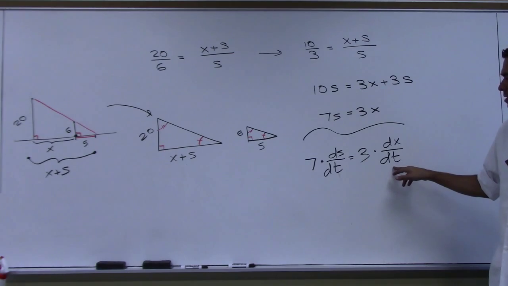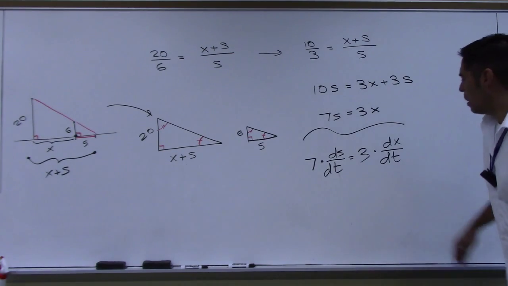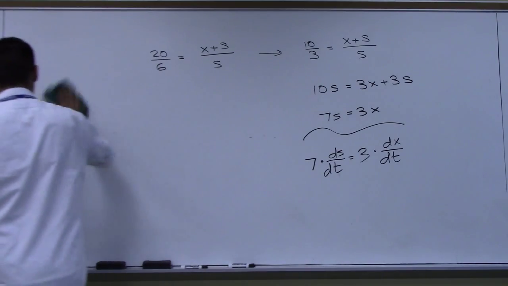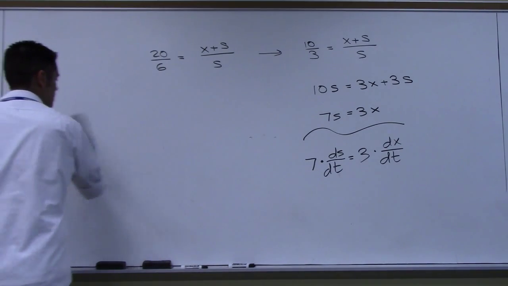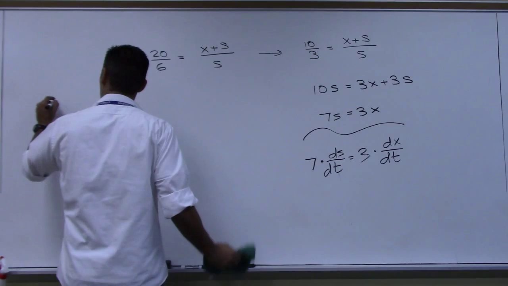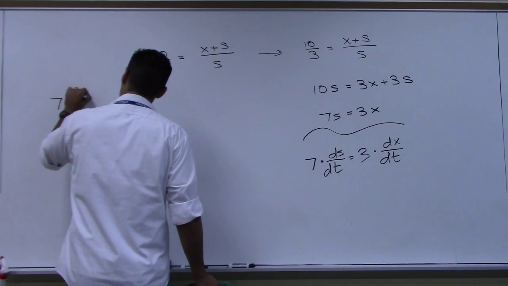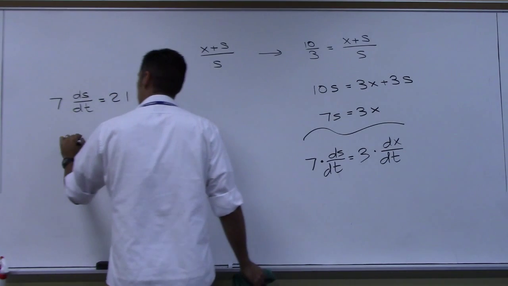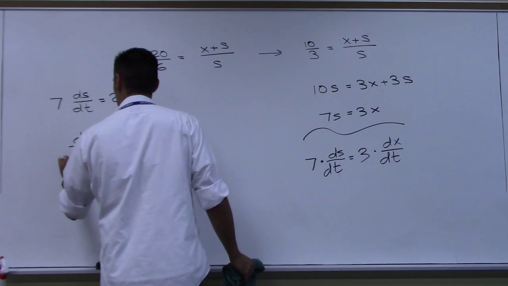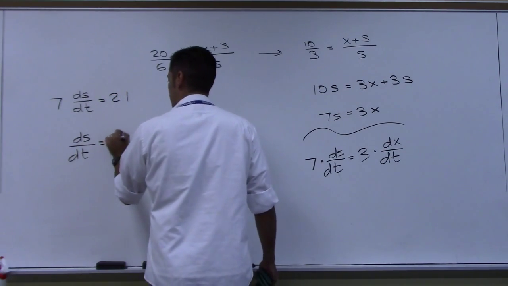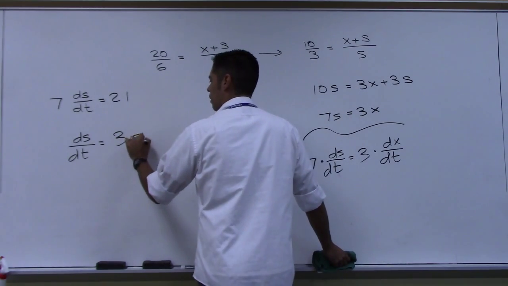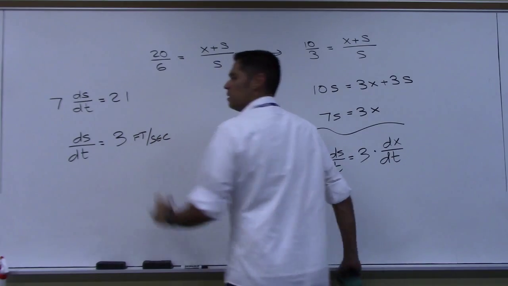Do you know dx/dt? Yes? It's 7. So I actually can say right now that 7 ds/dt equals 21, which means ds/dt is what? 3. 3 what? Feet per second.